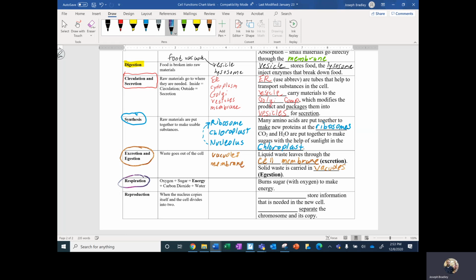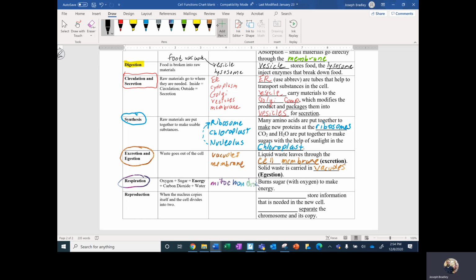The mitochondria burns sugar with oxygen to make energy.